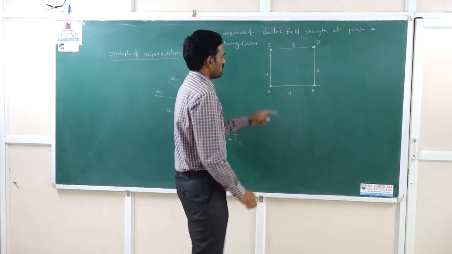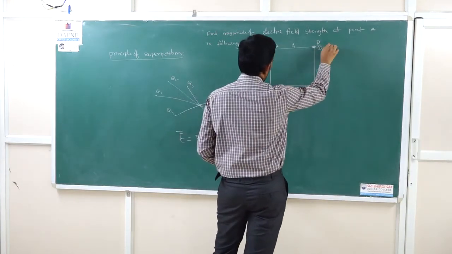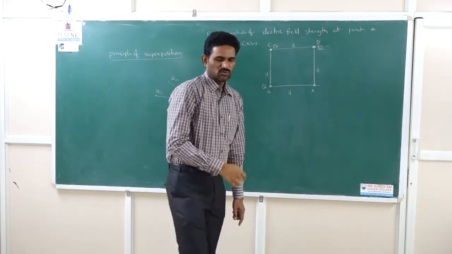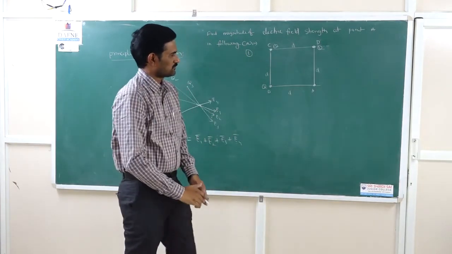So now here three charges. Here it is Q and here also it is Q and here another Q is there. Now the first question, this one, I will explain, and the remaining you can solve.